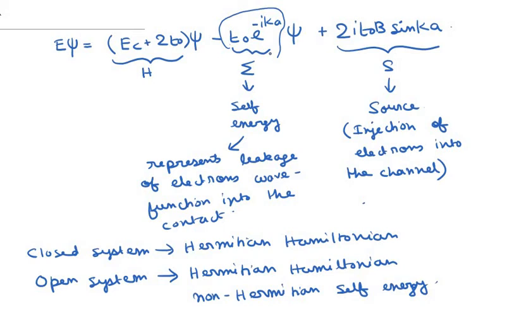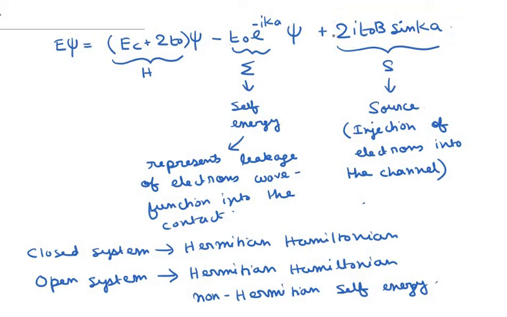So it incorporates the boundary condition, which in this case is the boundary of the channel, the contact. And this is the source term, the forward propagating wave that comes from the contact and hits the channel.